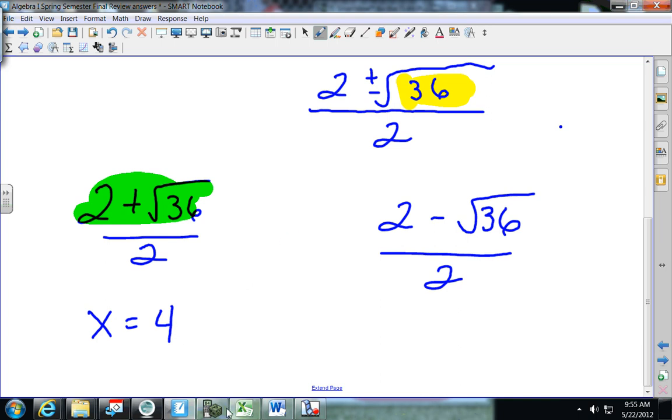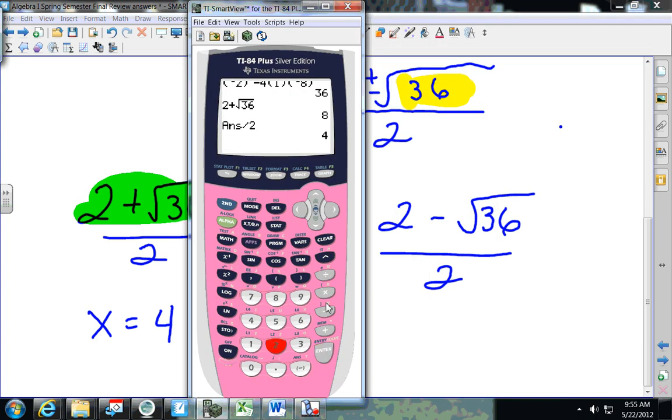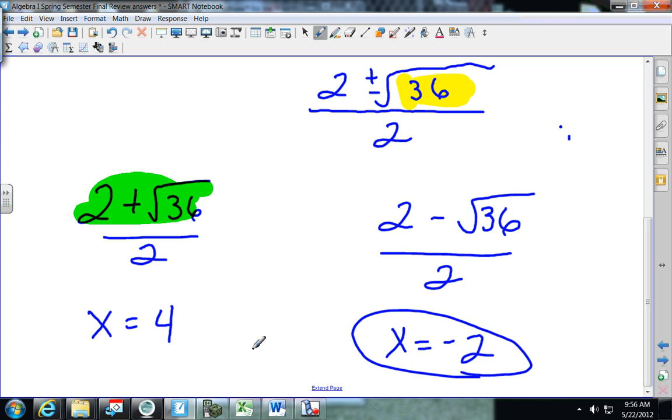The next one, we've got 2 minus the square root of 36. Press enter. Divided by 2. It gives you negative 2. So my other one is x equals negative 2. There are your roots right here.